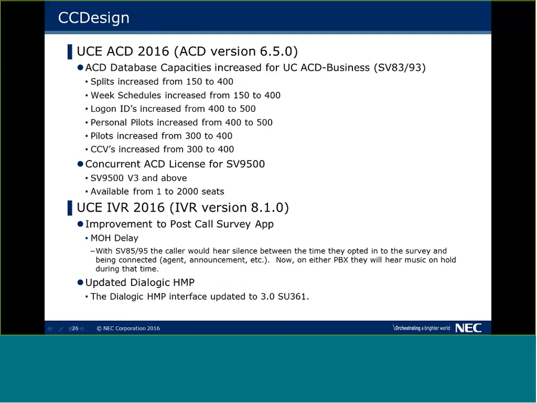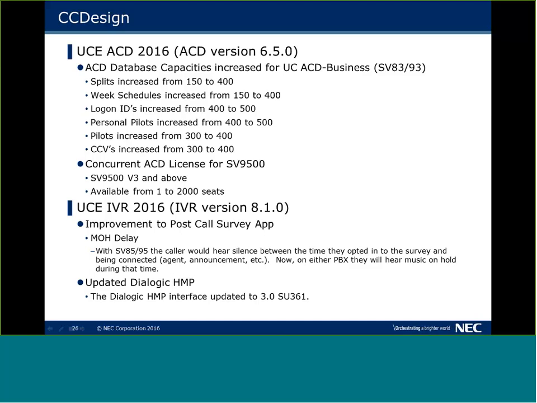Another that's worth mentioning, more specifically on the SV9500, is the ability to have concurrent licensing. That is where I can go in and program in the system up to 2,000 seats or users, but I may be only licensed for 100 agents.